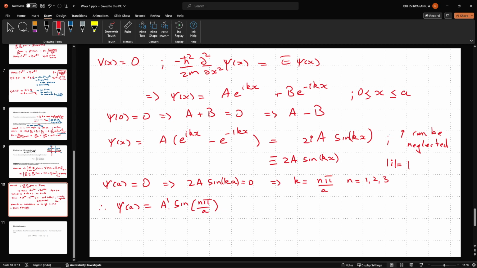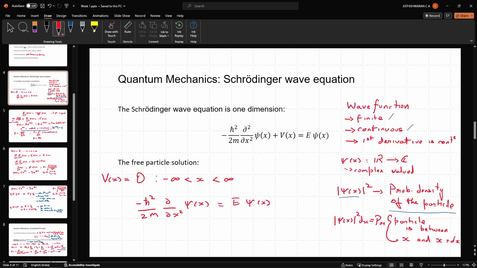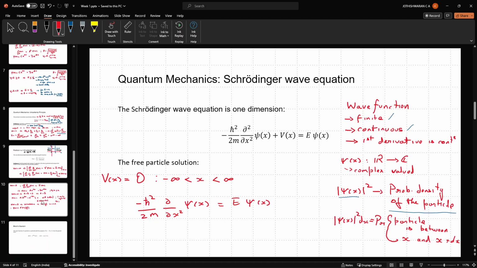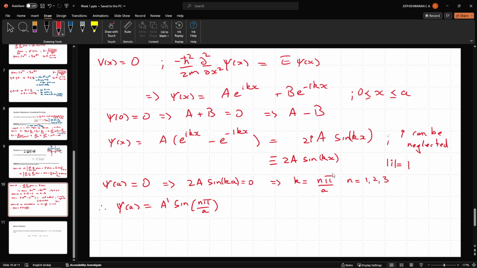So finally we have to determine what the value of a is. Now how do we determine the value of a? Again, we go back to our definition or fundamental properties of the wave function, where this is the probability density of finding the particle. Now we know for a fact that our particle is completely confined in this region.